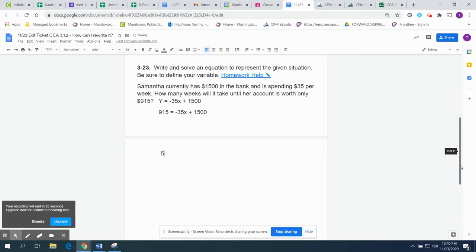So -585 is equal to -35x. Then divide both sides by -35. And you get 16.7. So in about 16.7 weeks.